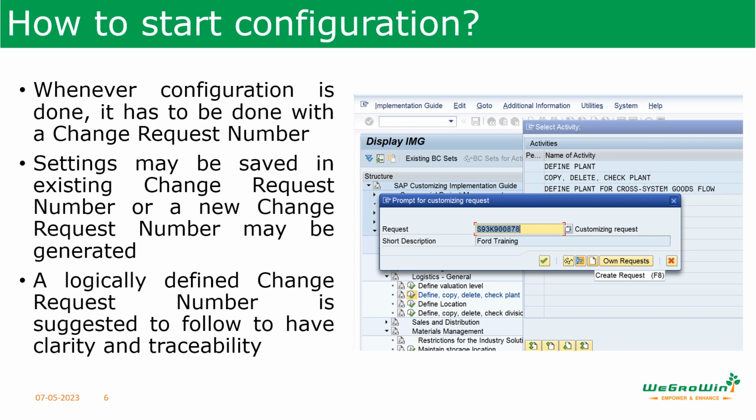On saving the change request, the system will display the change request number and also log the changes done. A logically defined change request number is suggested to follow, to have complete clarity and traceability for the configuration. This is very, very important.